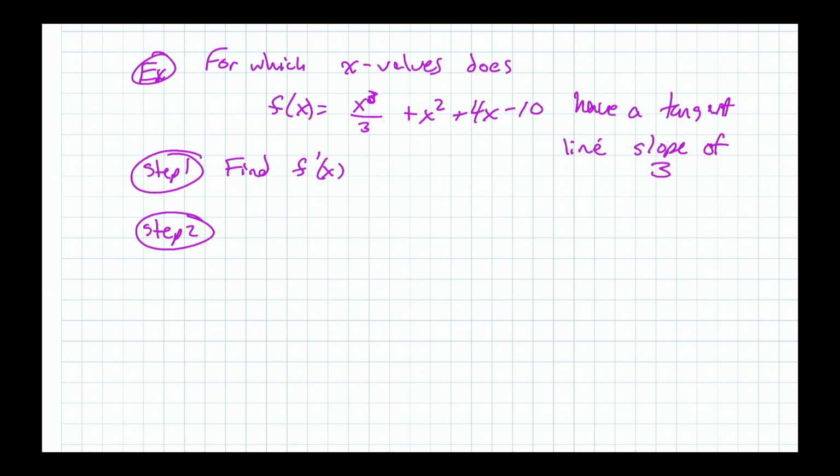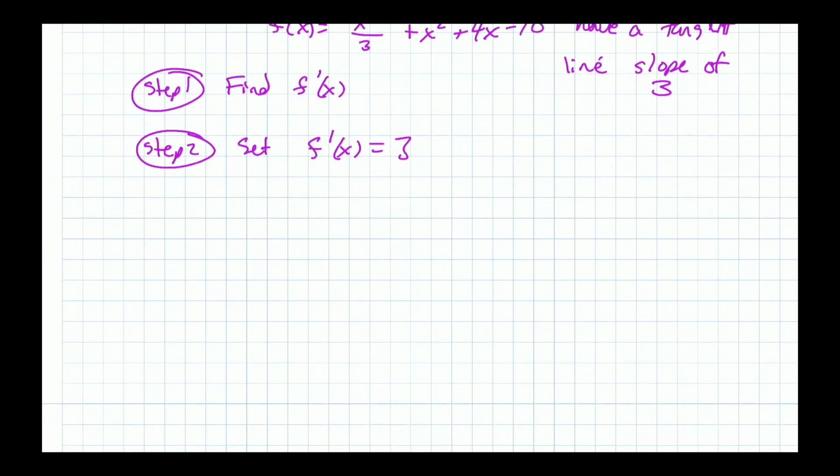So we're going to set f prime equal 3. So just 3 instead of 0 this time. And step 3 is going to be solve for x.